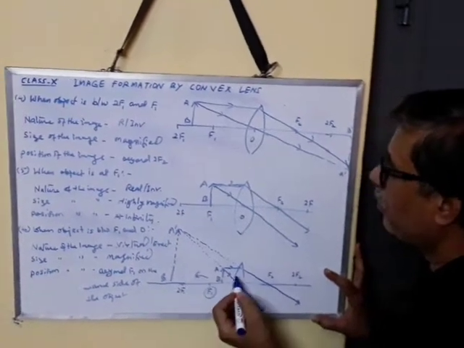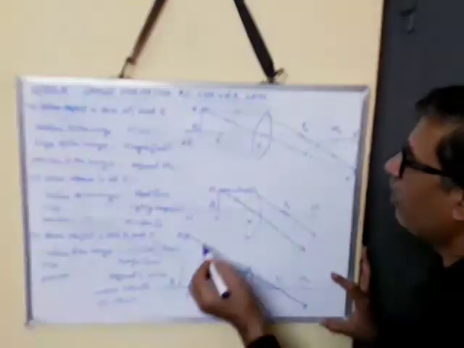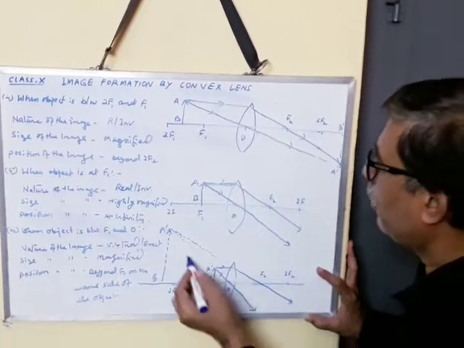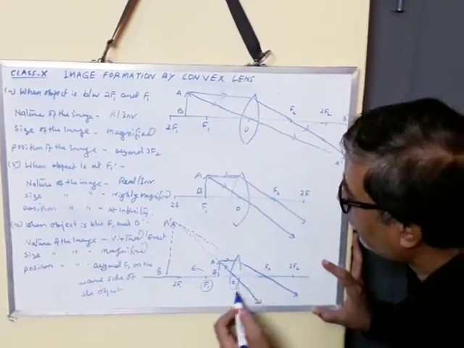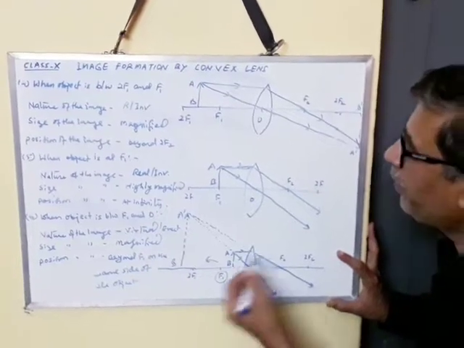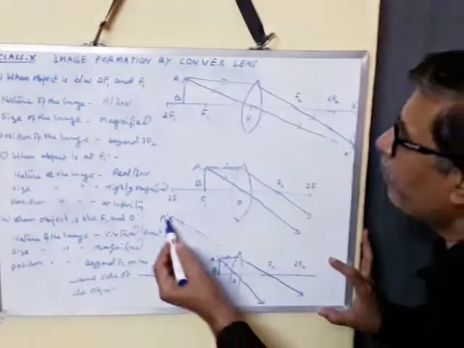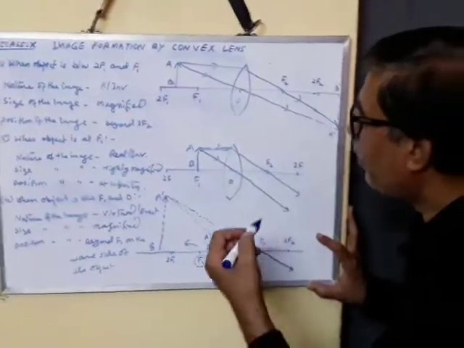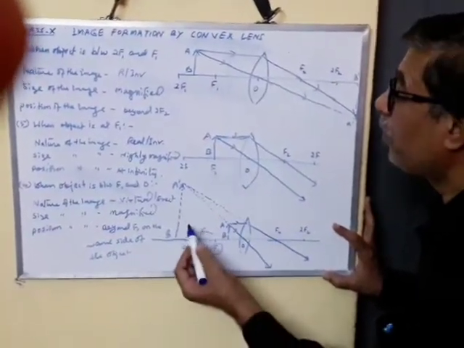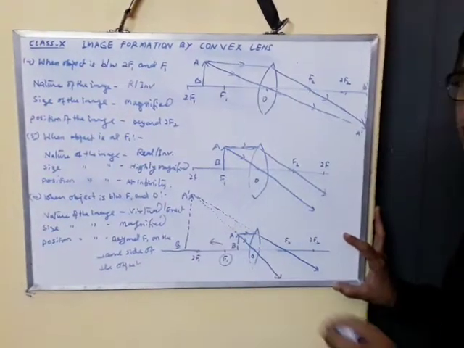This image is virtual and erect. This lens is applicable in different areas to get a magnified image of the same nature, that is the virtual erect but magnified image.